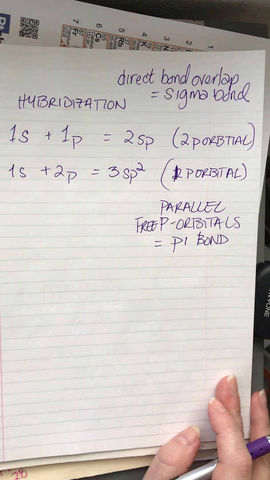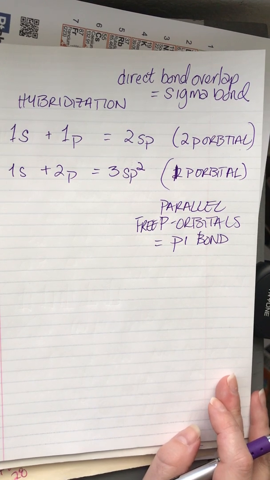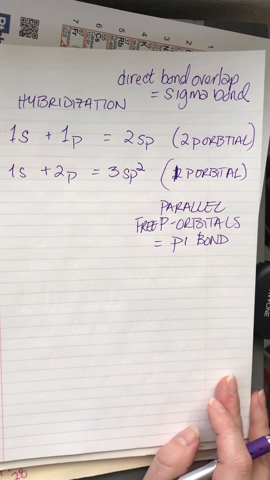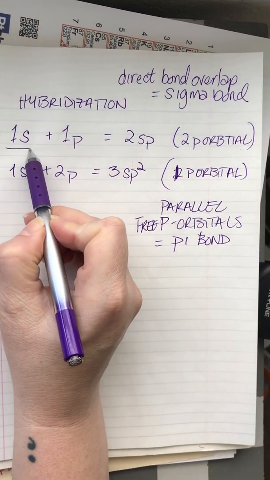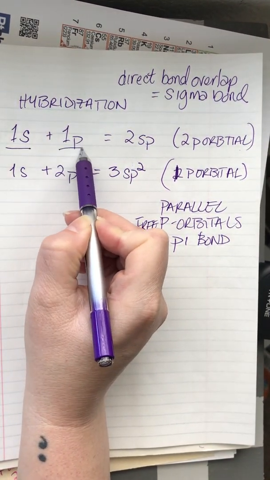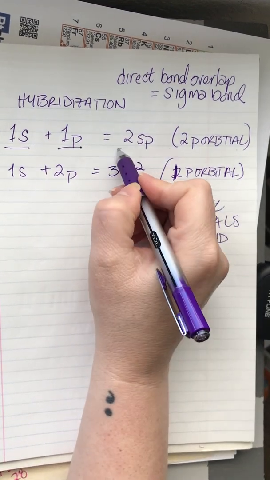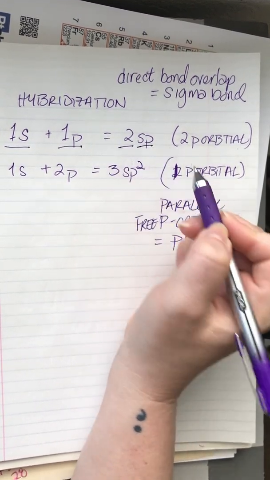Yeah, I don't know what that means. So that's chapter 9.1. You've got work to do on that. Sorry, I don't understand why 1s plus 1p is 2sp. So we have one s orbital and one p orbital combined to make two sp orbitals.